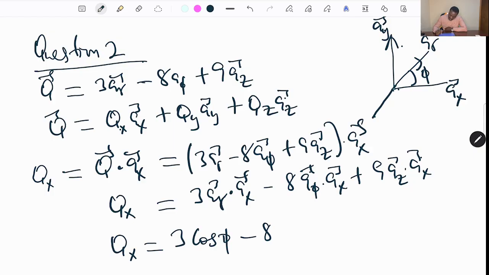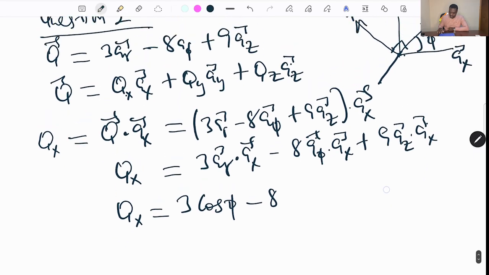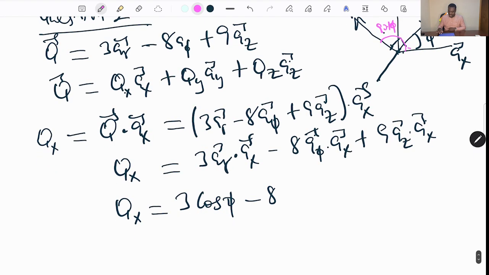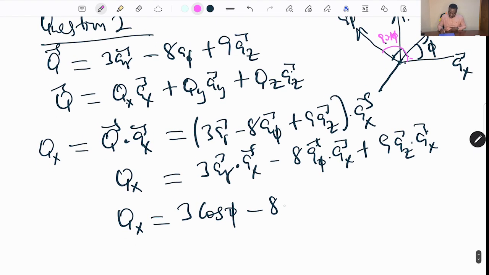So I just make something like this: a_phi is here, and the angle between them is 90 degrees. Now finding a_phi dot a_x, you can see that if this is 90 and here is phi, then from a_x to a_phi is 90 plus phi. So our result here is going to be cos of 90 plus phi.